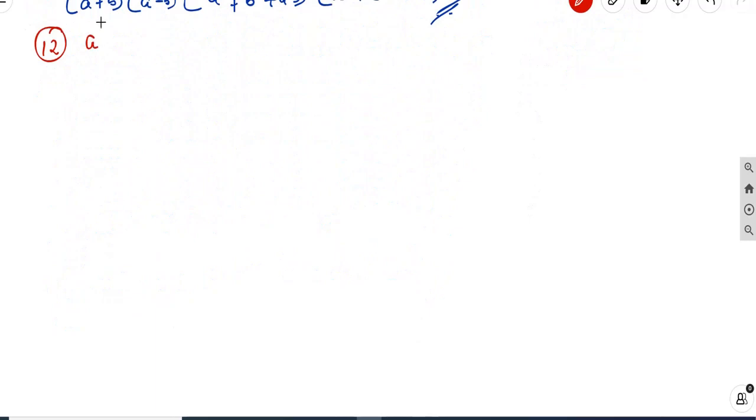Problem: a to the power of 6 minus 7a to the power of 3 minus 8. So this is the problem. We have to put it in the form of a cube. So how do I write this?